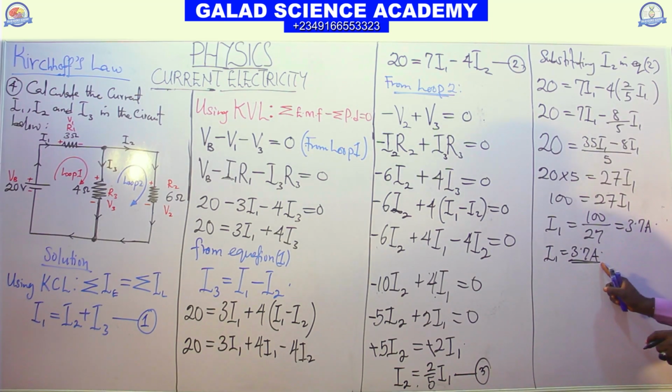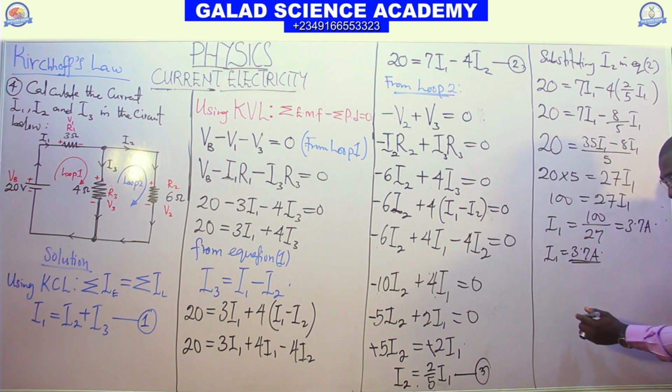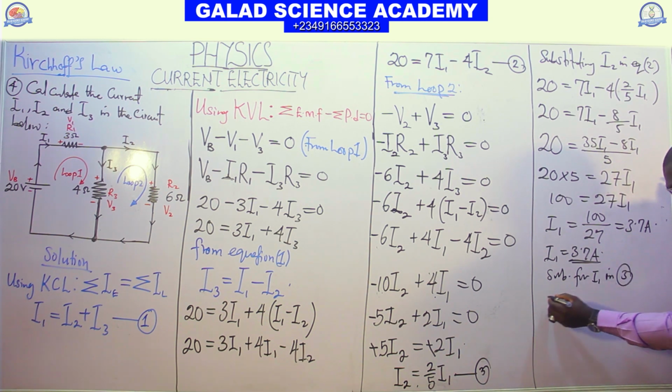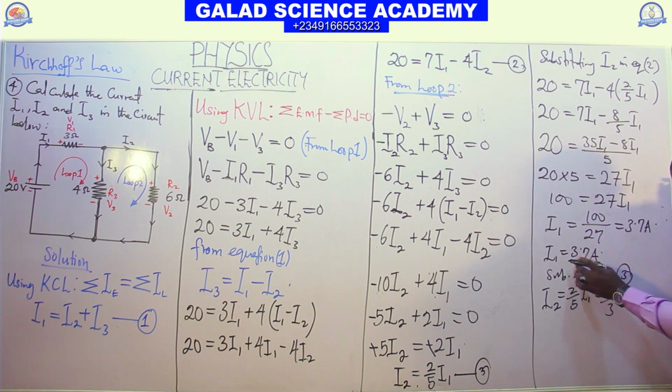So if I1 is 3.7 ampere, substitute for I1 in equation 3. What is equation 3? I2 equal to 2 over 5 I1. We now have 2 over 5. What is I1?